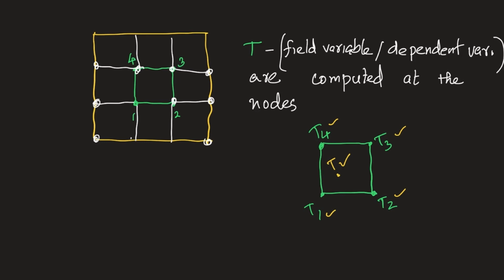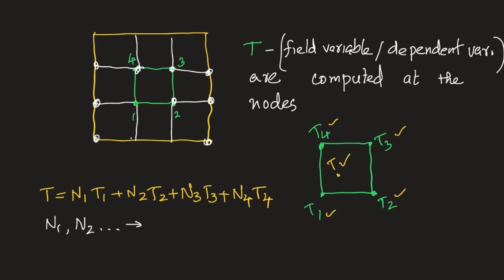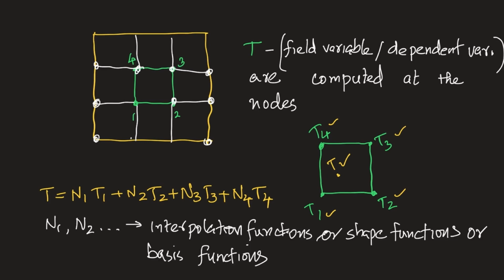We can calculate T as T is equal to N1 T1 plus N2 T2 plus N3 T3 plus N4 T4, where N1, N2, N3 and N4 are known as interpolation functions or shape functions or basis functions. We will use the term shape functions in this course. We will later see how to select these shape functions.